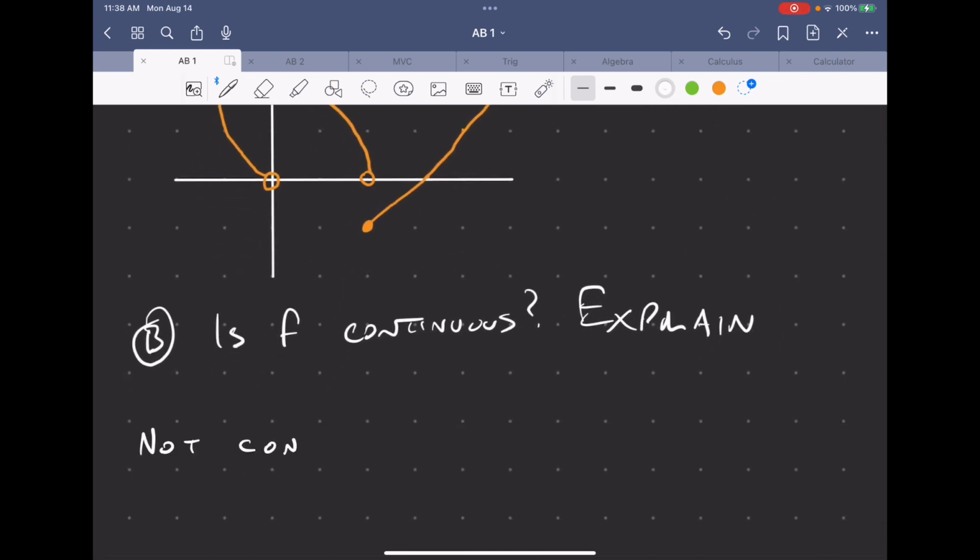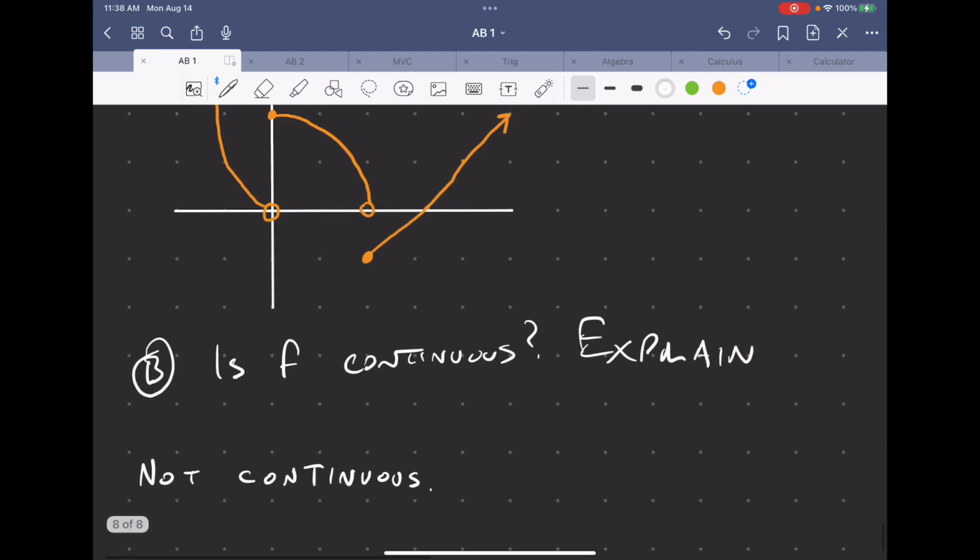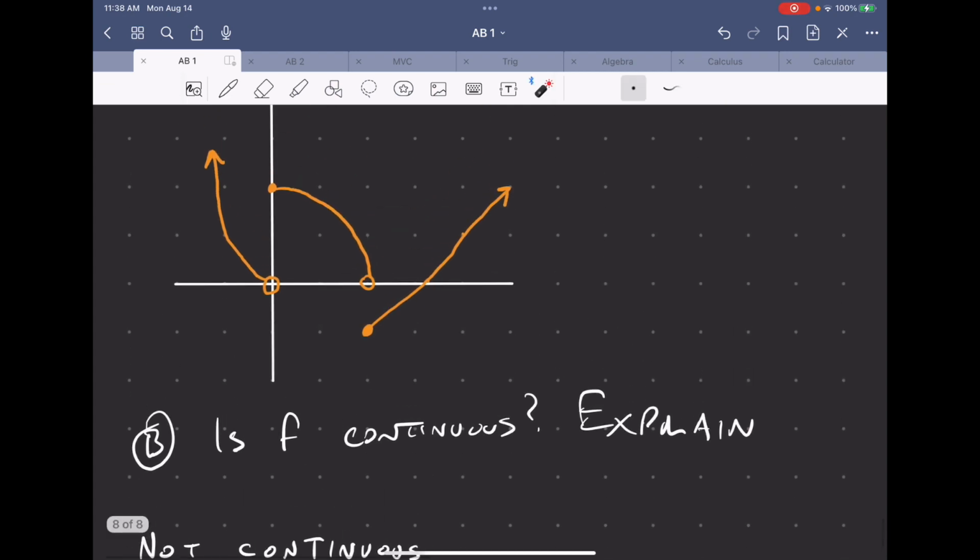By the way, if you want to know if a function is continuous just by looking at it, think, can you draw the entire graph from left to right without picking up your pencil? So if I'm drawing from left to right here, in order to get to the next piece, I've got to pick up my pencil to go up. So if you have to pick up your pencil anywhere, then it's not continuous.